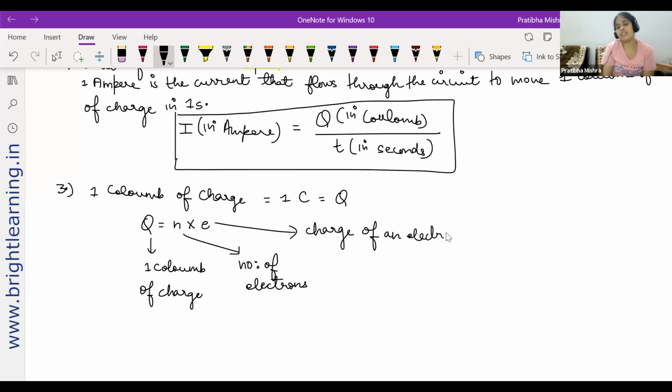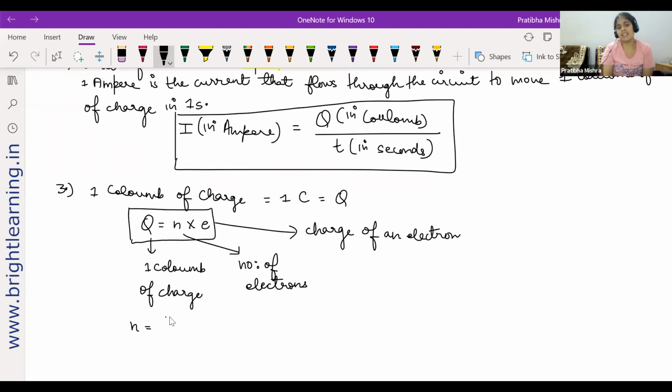Electrons are negatively charged. They keep moving randomly in the outermost shells of any atom, right? So that is the charge of an electron. We need to find the number of electrons. They asked you to find N. So using this formula, what will be N?